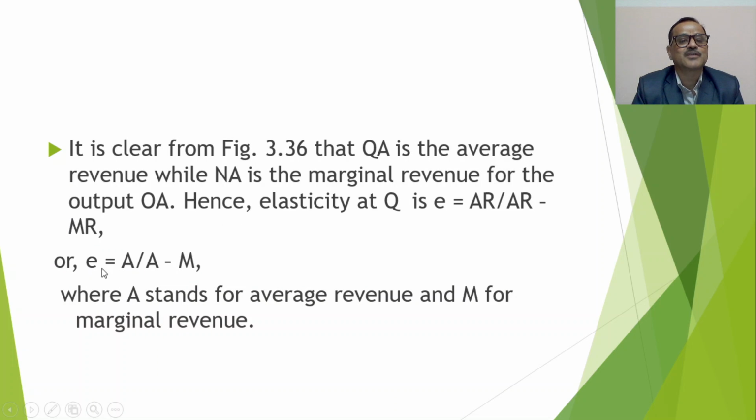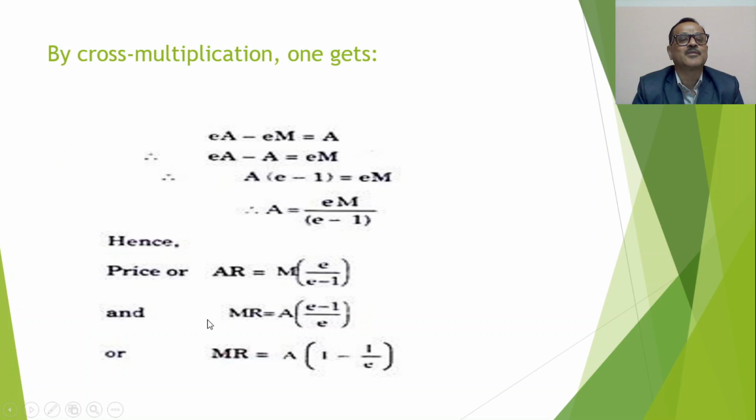So in short we are writing E equal to A upon A minus M, where A stands for average revenue and M stands for marginal revenue. Now, by cross multiplication, we get the relation.